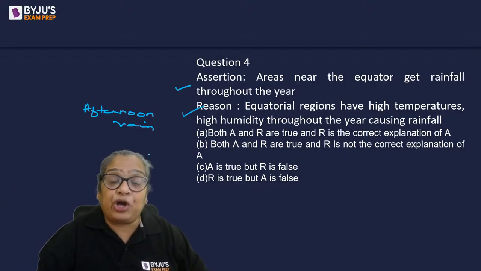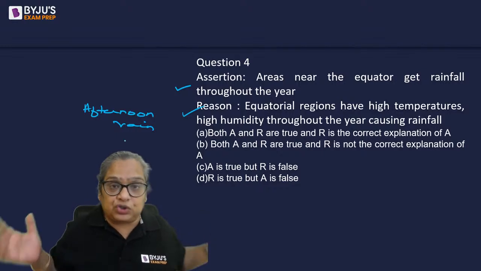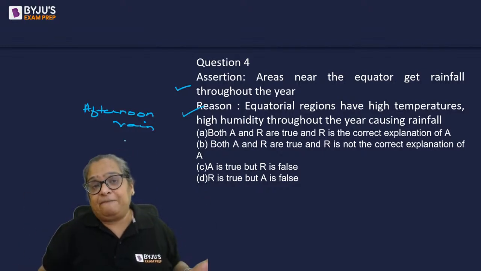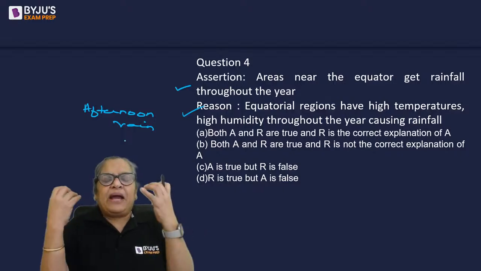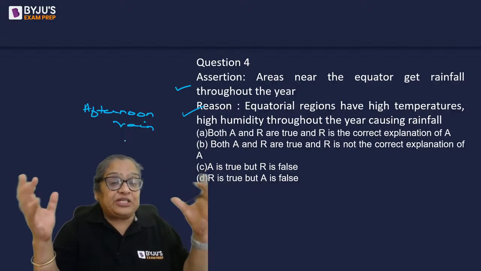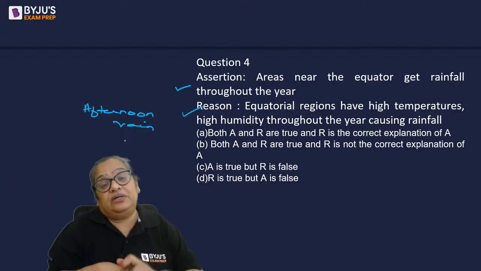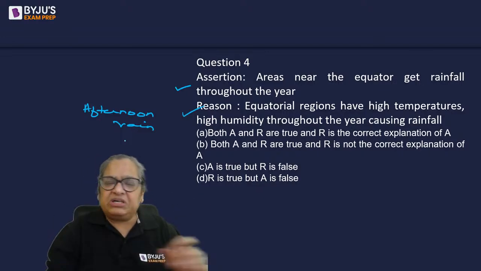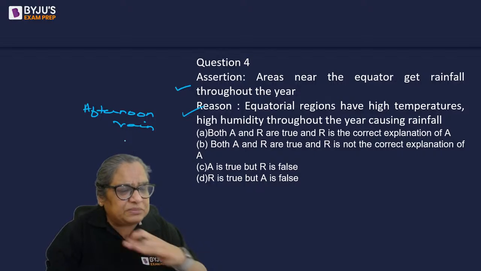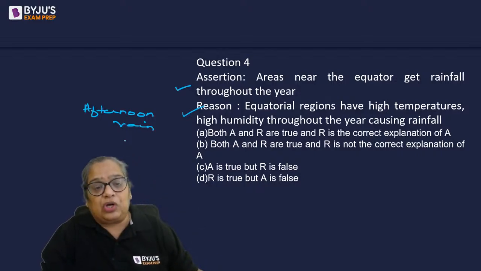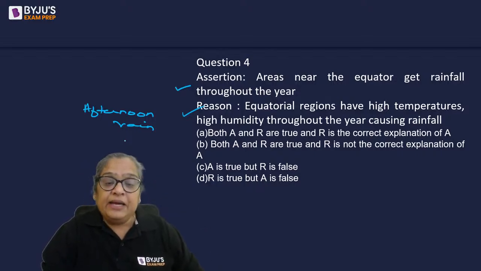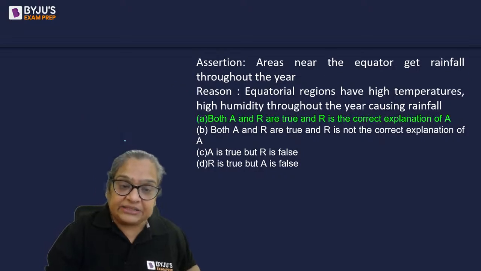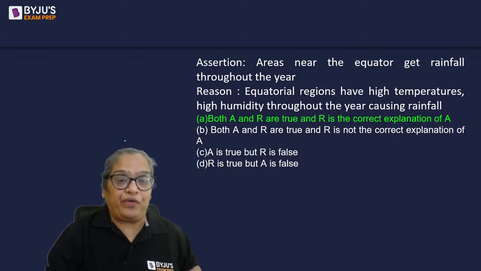Because of the high temperature, water evaporates very fast. By afternoon there's so much evaporation that the clouds can't hold the moisture anymore. So around 4:30, with squalls, thunderstorms and lightning, it rains almost every day. That is why both are correct and R is the correct explanation of A.